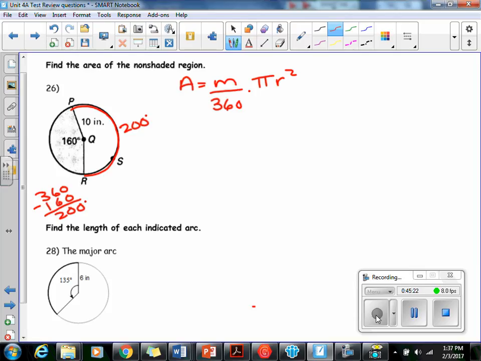Now you can find everything else you need. Your m is 200, so 200 divided by 360 times pi times your radius squared. And your radius is what? You need to square it.